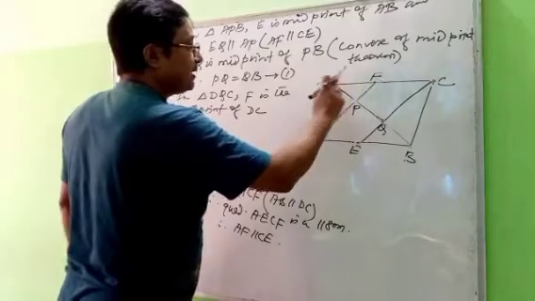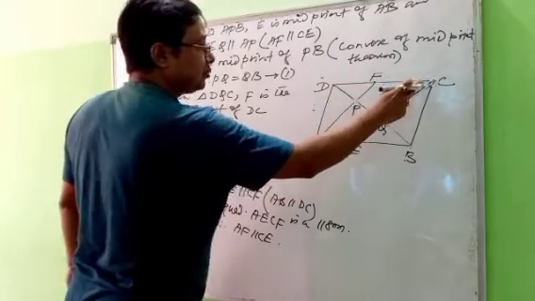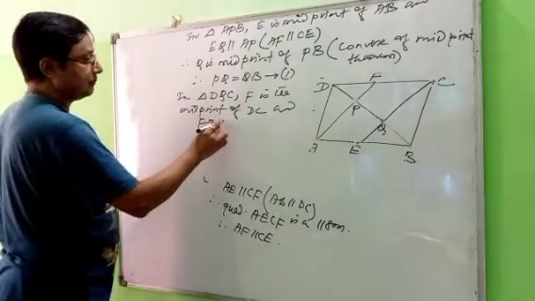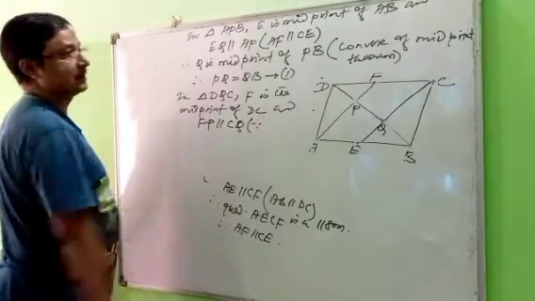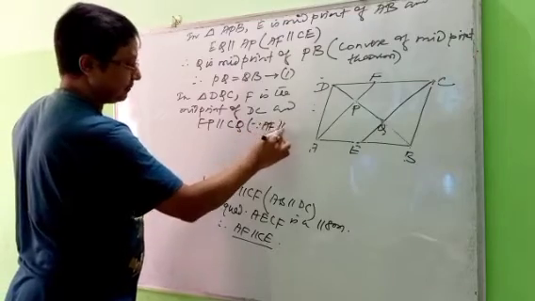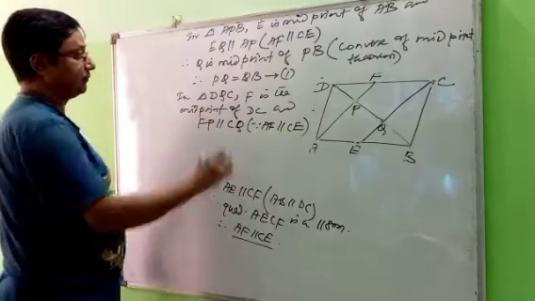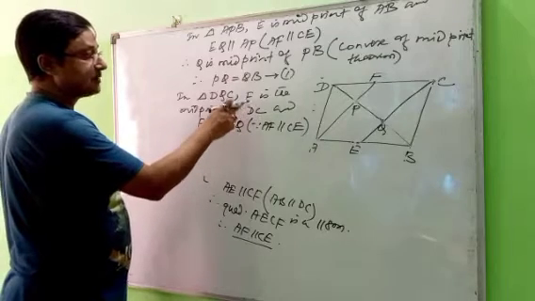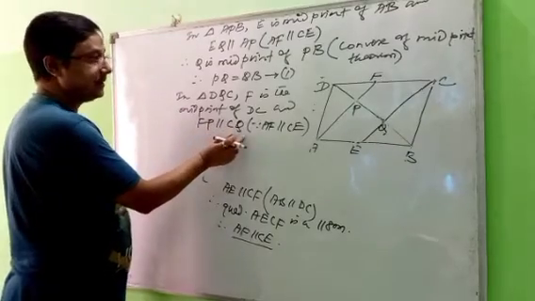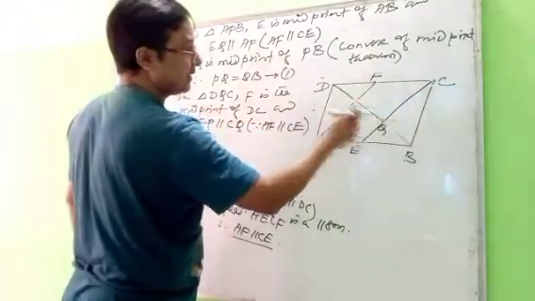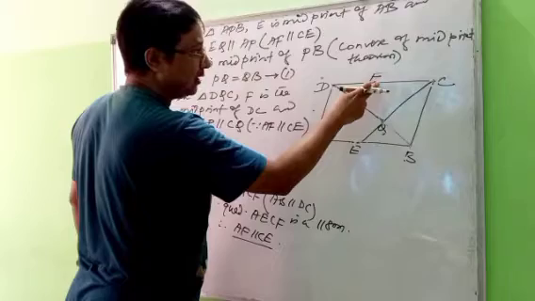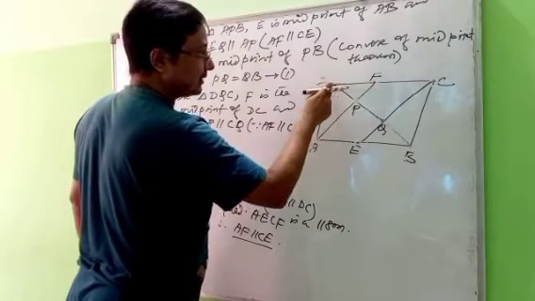Now F is the midpoint of DC, and FP is parallel to CQ, since it is given that AF is parallel to CE. So this is the first side DC, where F is the midpoint, and through this midpoint the line is drawn parallel to the second side CQ, and DQ becomes the third side. So the line drawn through the midpoint F will bisect the third side.